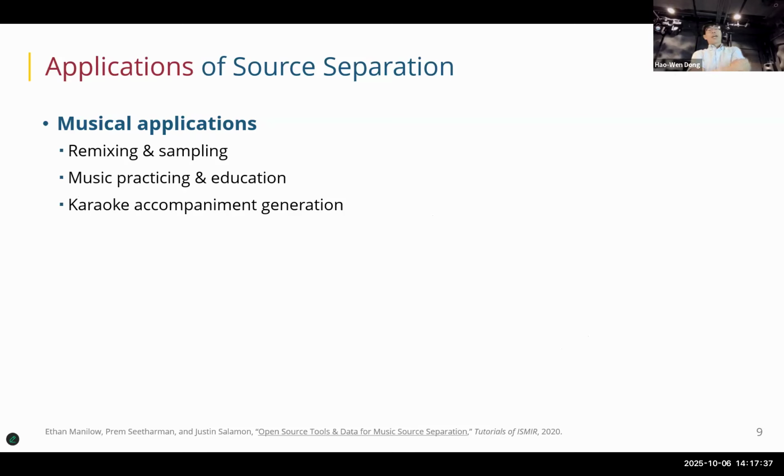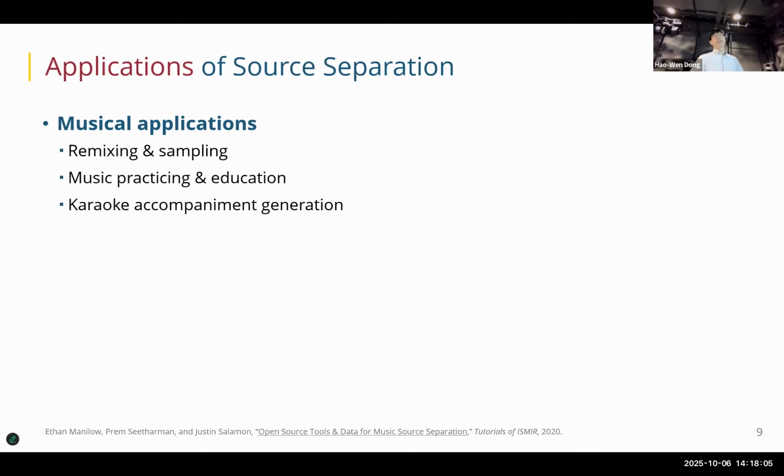Music practicing and education: think about, recently we're doing some research on an a cappella singing vocal coach. In that case, you have an a cappella recording for SATB, but what if you want to practice? Can you make it into a karaoke, remove the part? Think about if you're an alto, you remove the alto and can you practice along? So it will be sort of a karaoke thing.